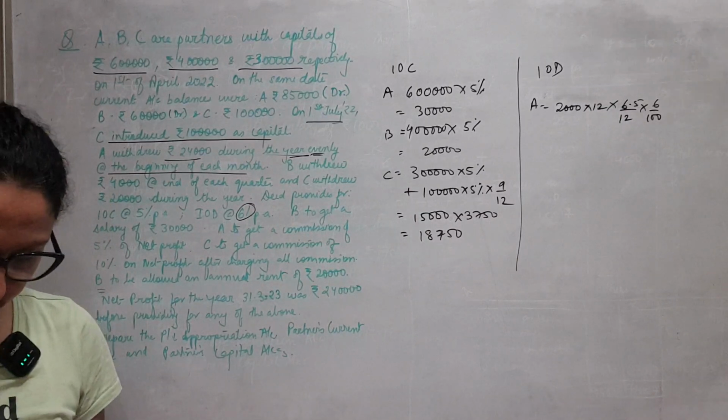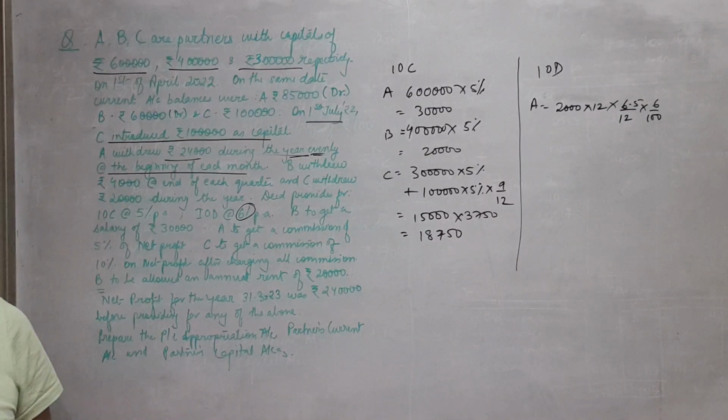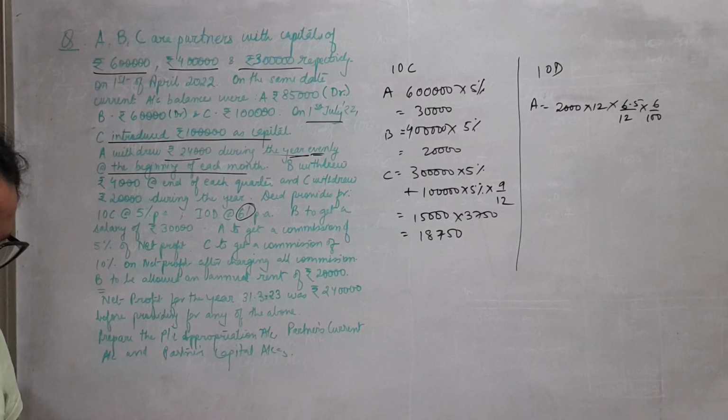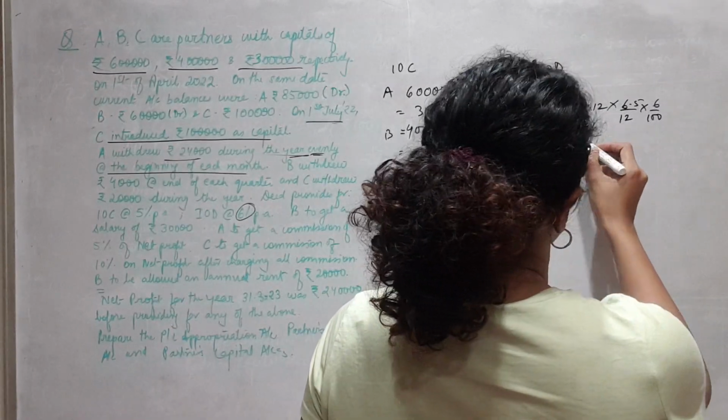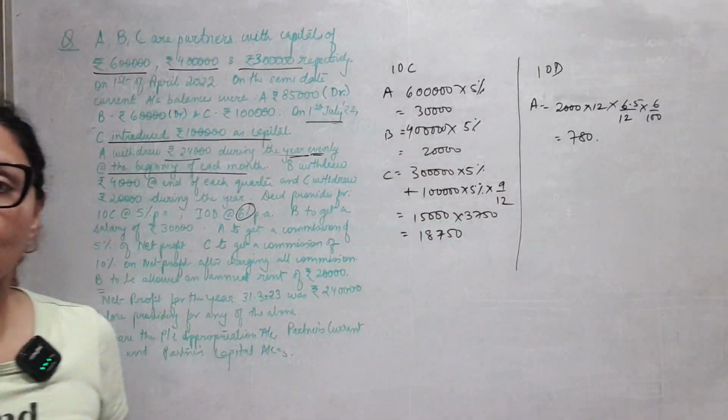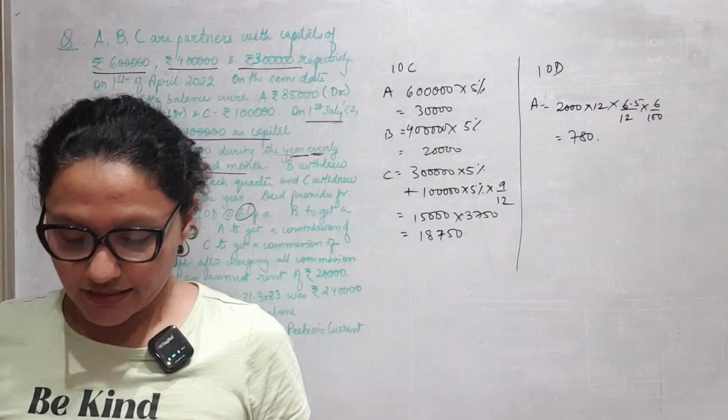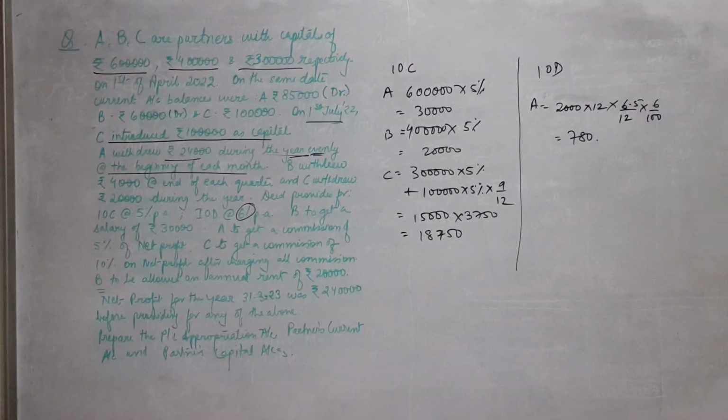Let's calculate. 24,000 into 6% into 6.5 by 12, 780. Okay. 780 is your interest on drawings for A.